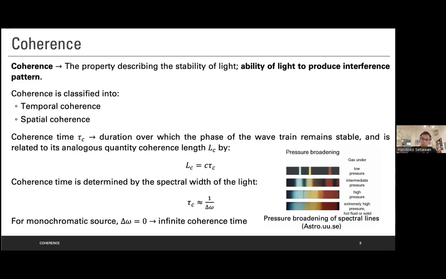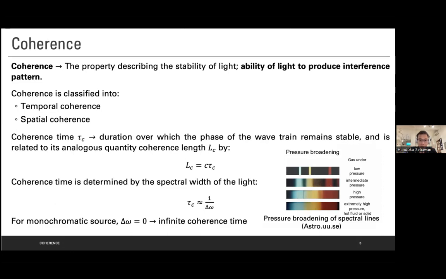Right. Adding to Farhan's point, I actually agree with what Farhan said. This equation holds even if the light travels through a medium, but the medium basically only affects tau c. Perhaps I need to add some detail on why the coherence time is affected so much by this pressure broadening. As the light goes into the idealized state of delta omega equals 0, the broadening itself will shrink. It will become smaller, since tau c is inversely proportional to delta omega.